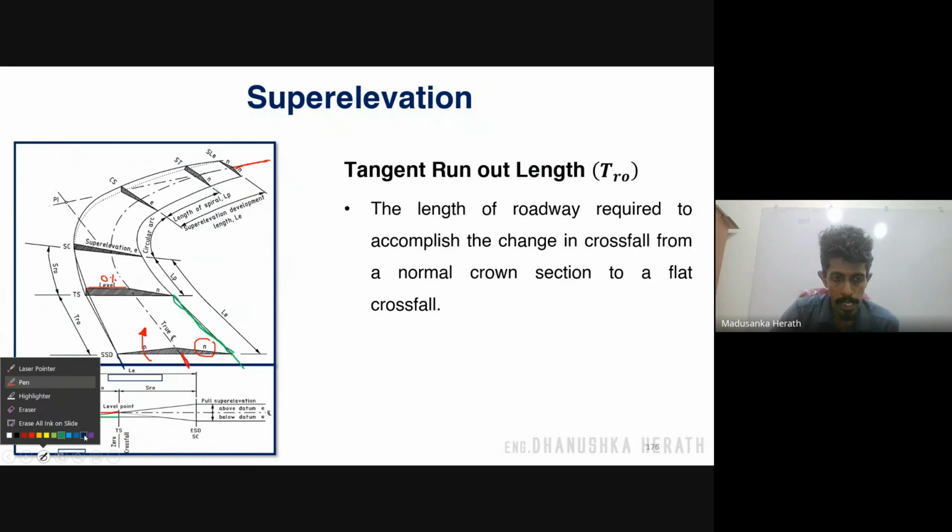Then this blue color edge, the elevation of the blue color edge is increasing with the distance, right? It increases little by little. Here you can see this is the green color edge and we come to this point. Then this distance, we call the tangent runout length, TRO.